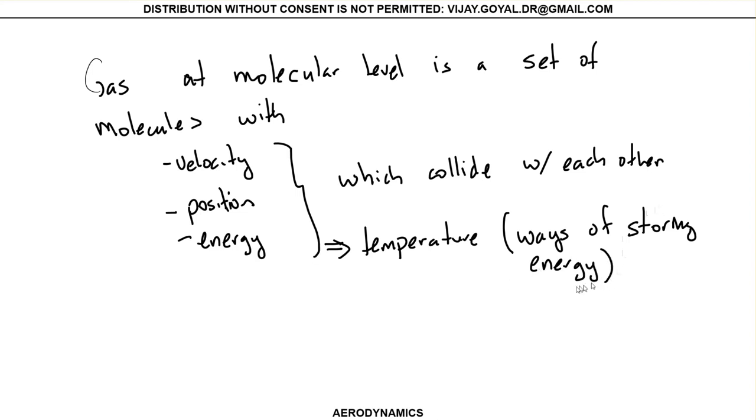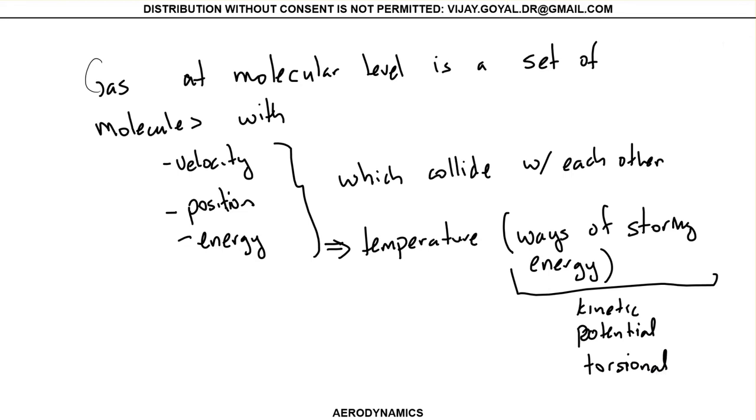And this is basically known as a... this energy can be in the form of kinetic energy, it can be in the form of potential energy, or it can be in the form of torsional energy.